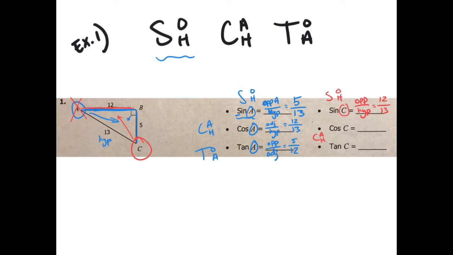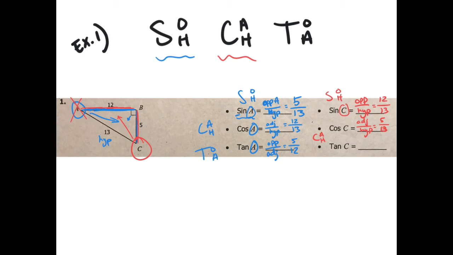So adjacent over hypotenuse. And the adjacent leg to C, well, it's not 13 because 13 is the hypotenuse. So it's got to be the 5. That's the one that's next to C. And then the hypotenuse is still 13.